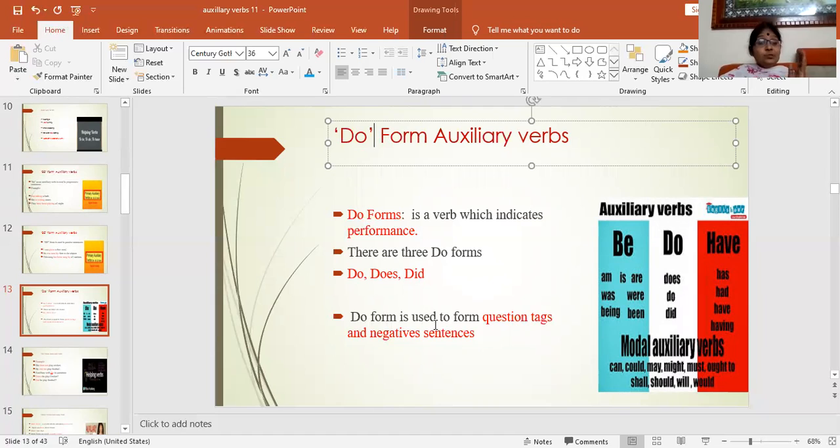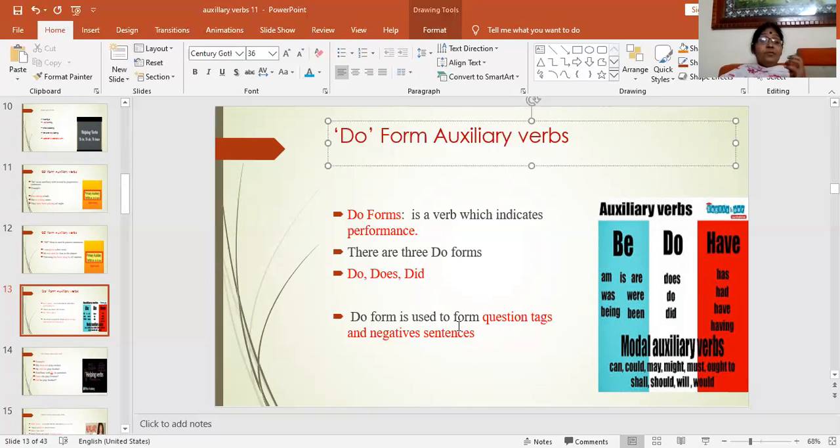Do form is used to form question tags and negative sentences. Right? They're also used to ask questions. So do form is a verb which indicates performance. There are 3 do forms, that is do, does and did.